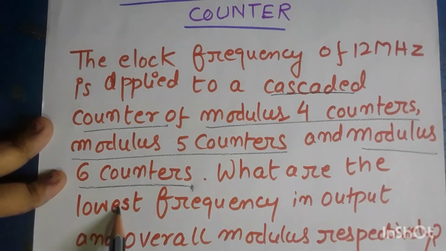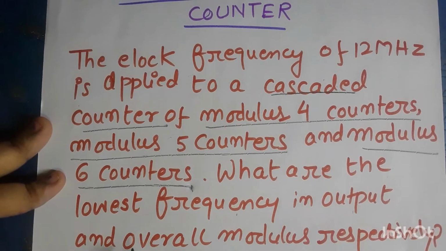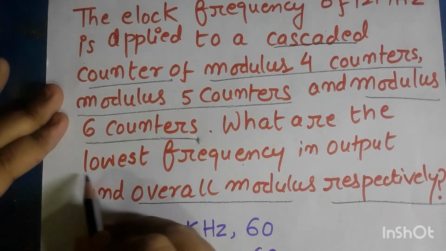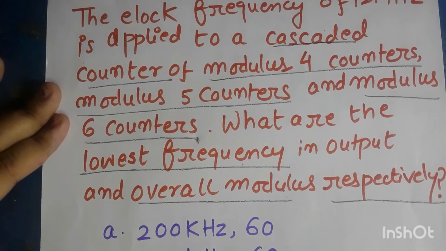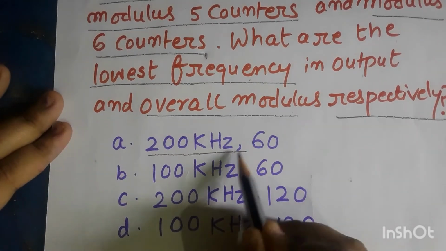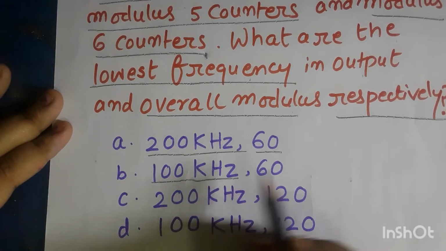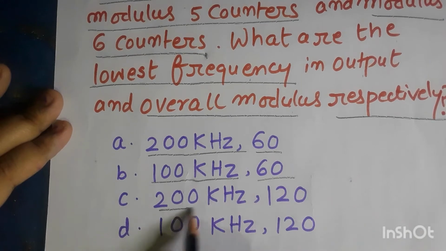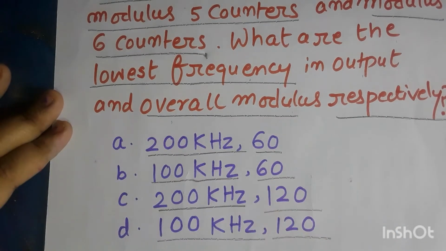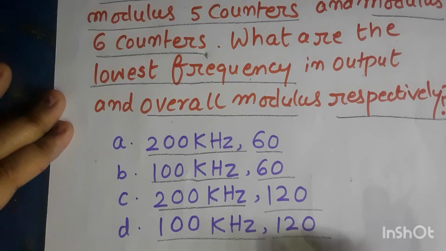What are the lowest output frequency and the overall modulus, respectively? The four options given are 200 kilohertz, 60; 100 kilohertz, 60; 200 kilohertz, 120; and 100 kilohertz, 120. The first number is the lowest frequency and the second number is the overall modulus.